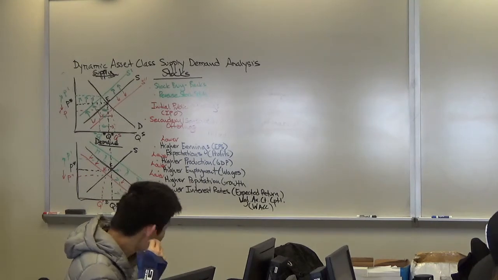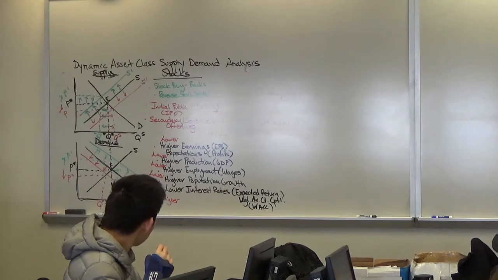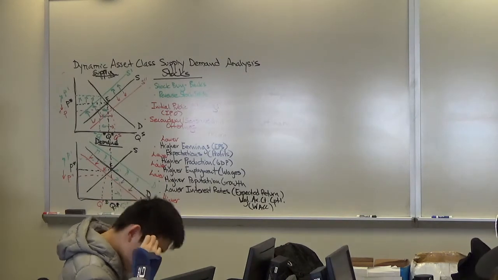So the question is, what would cause the supply curve to shift back for stocks?